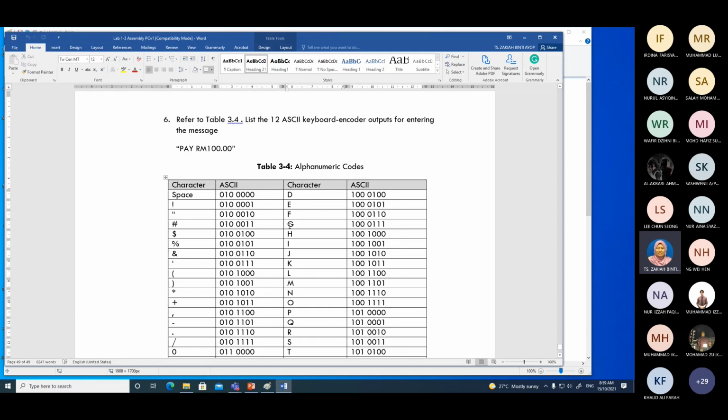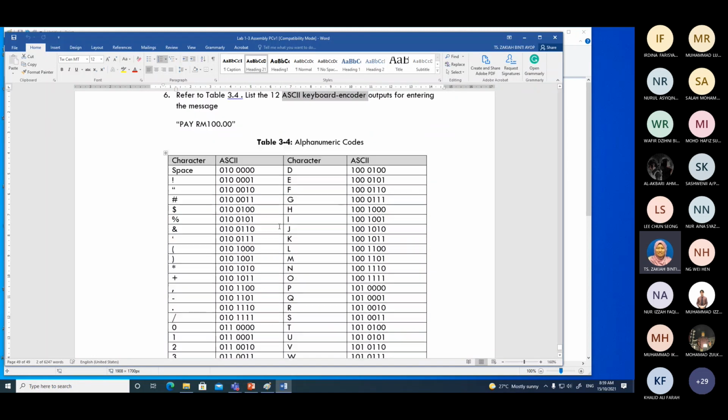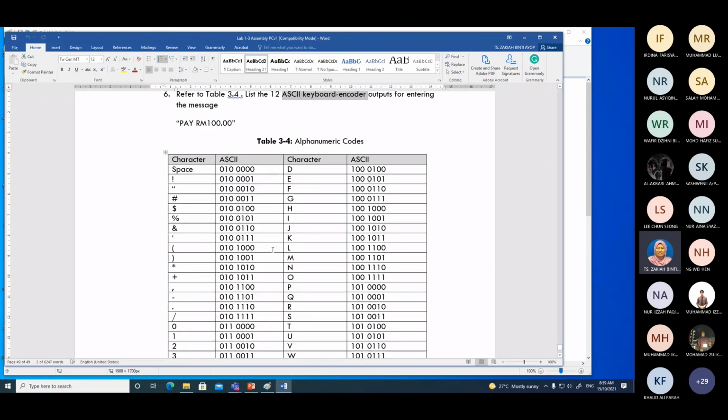They translate using the ASCII keyboard encoder. We call it the ASCII code. ASCII code is a representation for each key on your keyboard. Space, the space bar, can be represented by the ASCII 0100000.